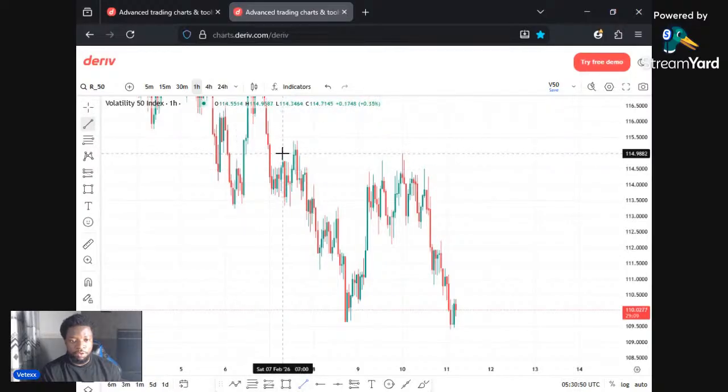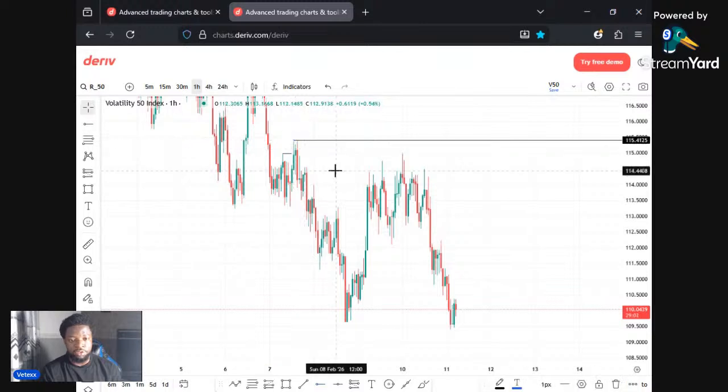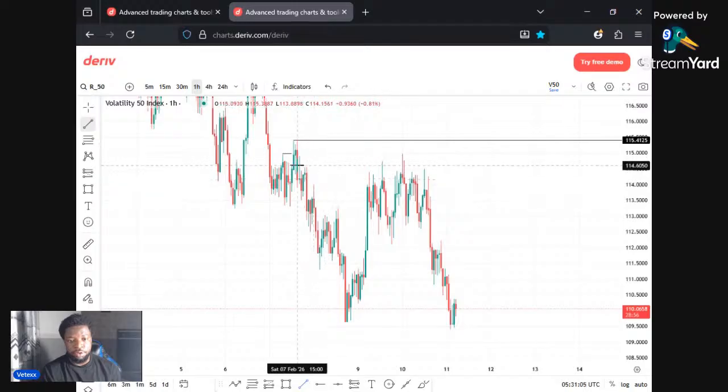We have our sweep of liquidity here. Those of you that were present and active, this trade gave up to 1 to 10 risk to reward. So if you were active yesterday, this was supposed to be a very good win for you.